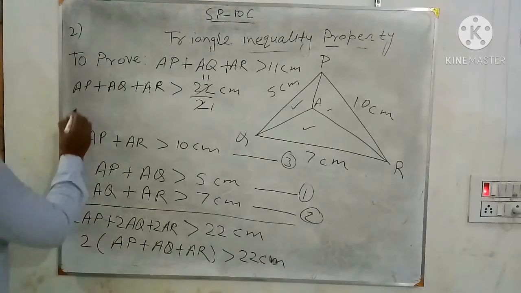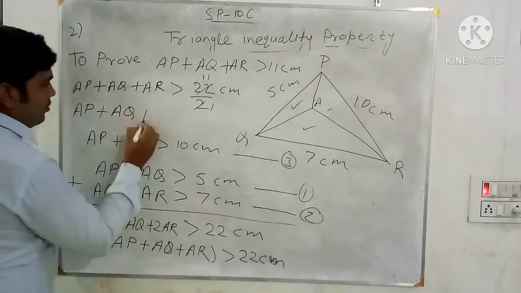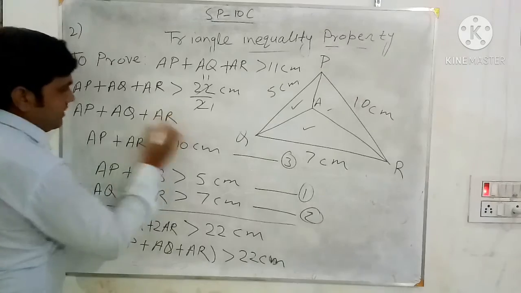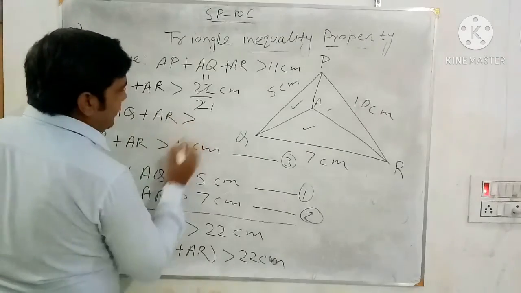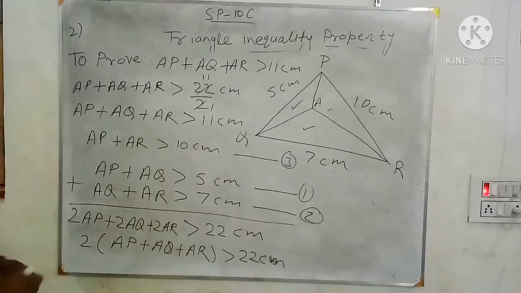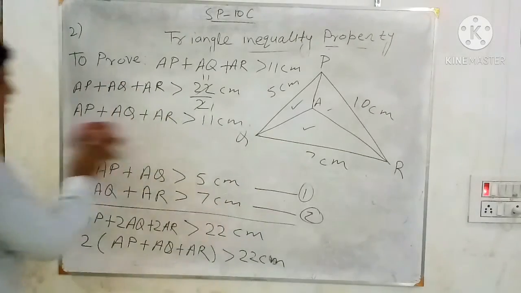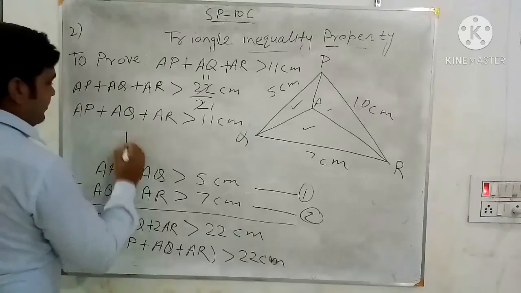So what answer did we get? AP plus AQ plus AR is greater than 11 centimeter. That is the final answer. Proved.